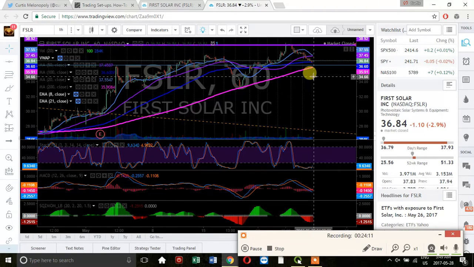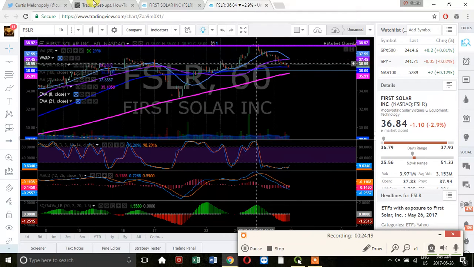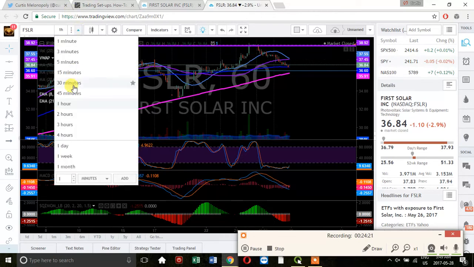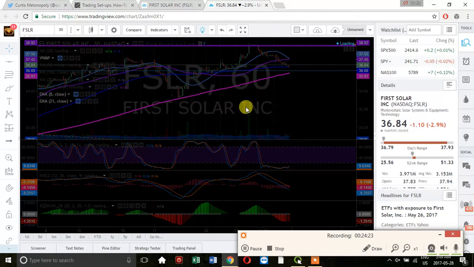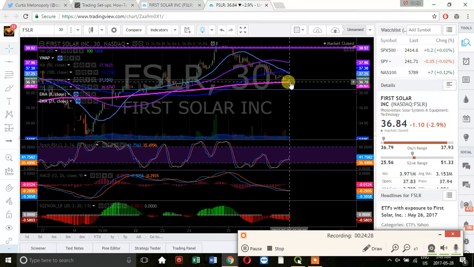The whole idea is to take a trade at support. Now on the 60-minute, that 200 would act as support, or that 100. So that's not clear. So on a day trade, I would have difficulty making a decision there. Now when you come down to the 30, it's sitting right on the 200.